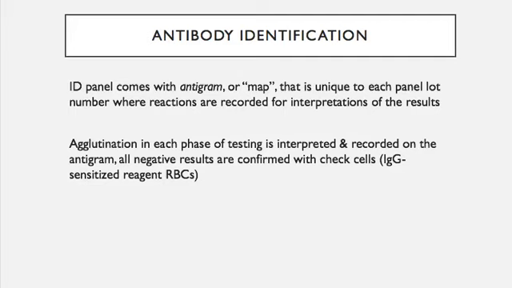Agglutination in each phase of testing gets interpreted and recorded on that antigram. All your negative results are confirmed with check cells. And remember, check cells are just IgG sensitized reagent red cells that we add to our negative AHG reactions.